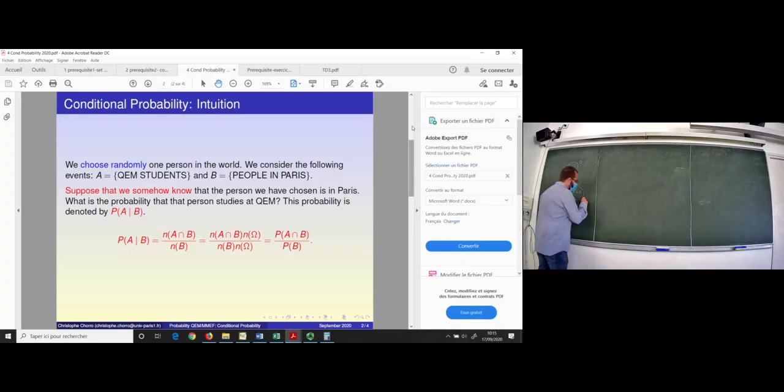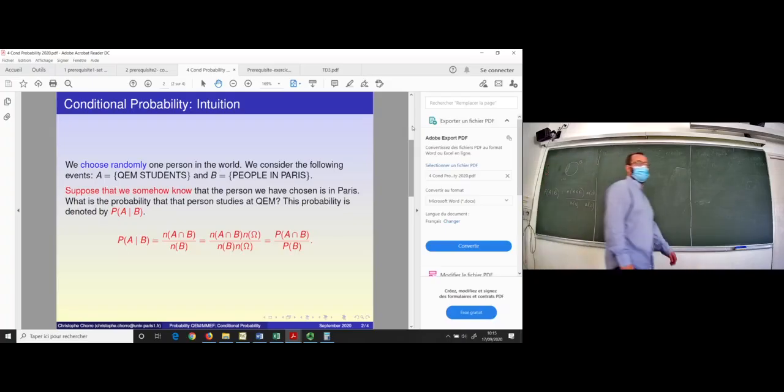If I want to remove the fact that I count elements, I multiply by n of omega and I divide by n of omega. Omega was my initial universe.